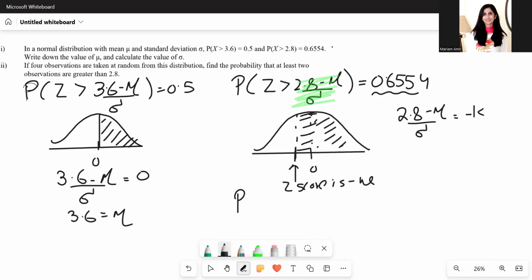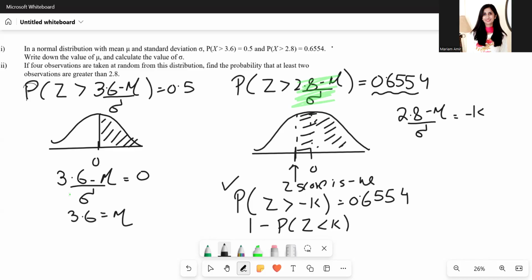So now I'm going to rewrite this as probability z is greater than negative k equals 0.6554. This we know can be rewritten as 1 minus probability z is less than k. This can also be written as phi k.